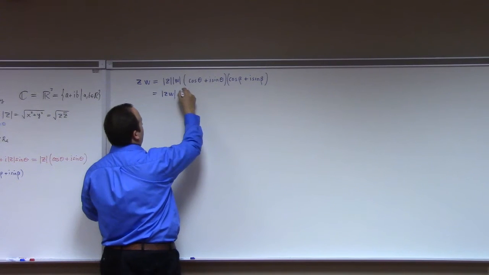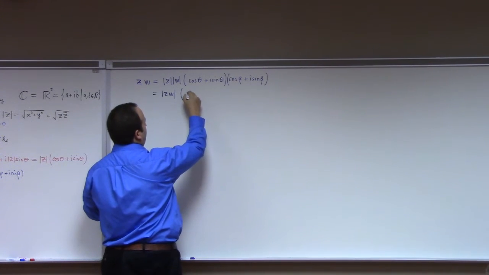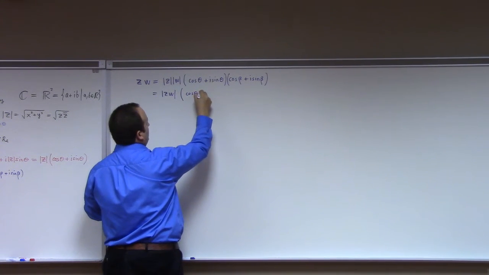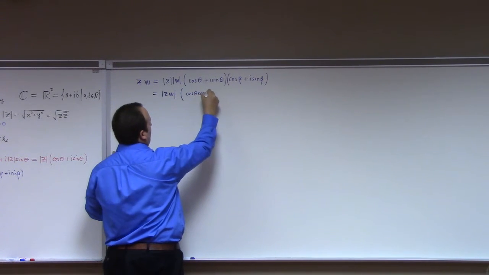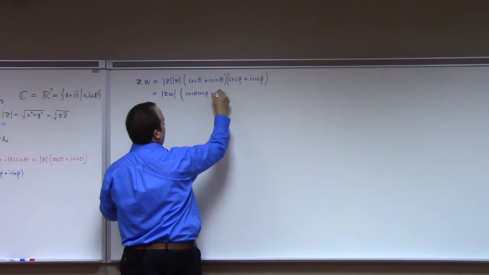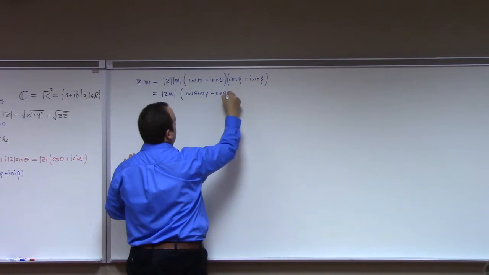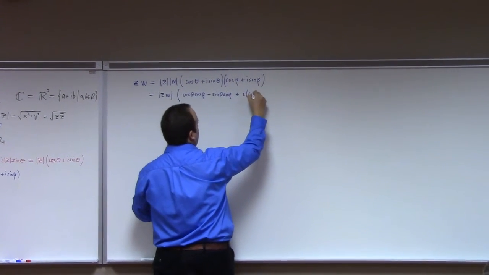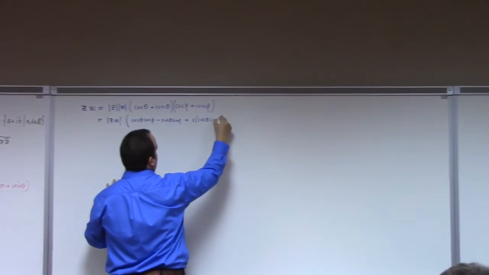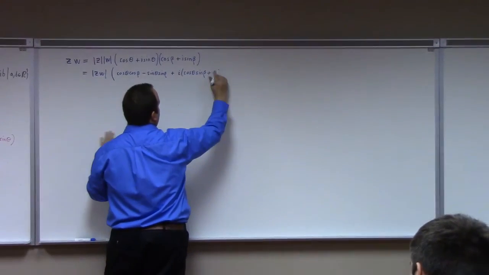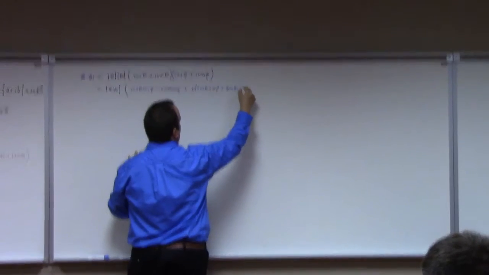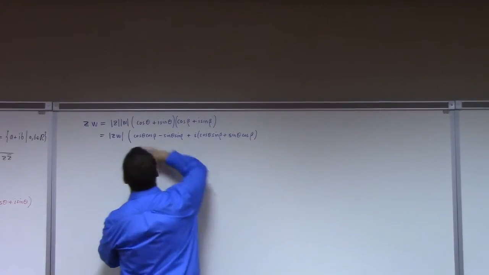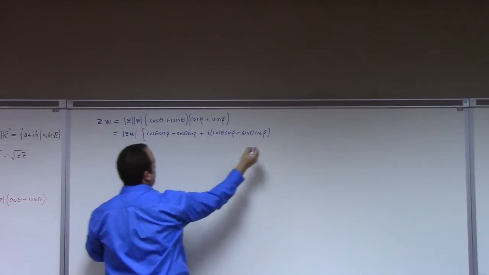Now, on the other hand, the other things we have what? We got cosine theta cosine beta. i times i is i squared, right? So I get minus sine theta sine beta, plus i cosine theta sine beta, plus i sine theta cosine beta, close big brackets.